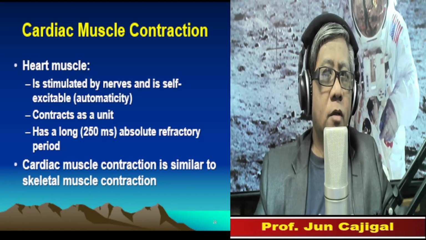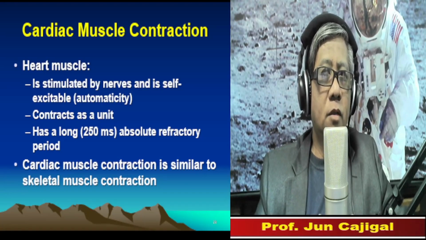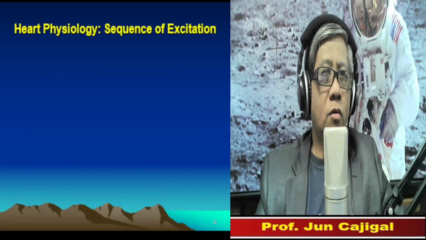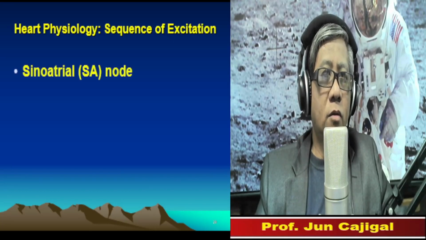Now, the electrical impulse needed to stimulate the cardiac muscle to contract is generated by the following structures. So first, we have what we call the sinoatrial node or the SA node.